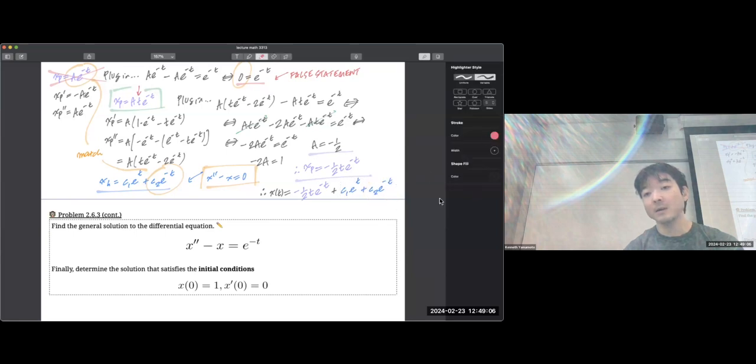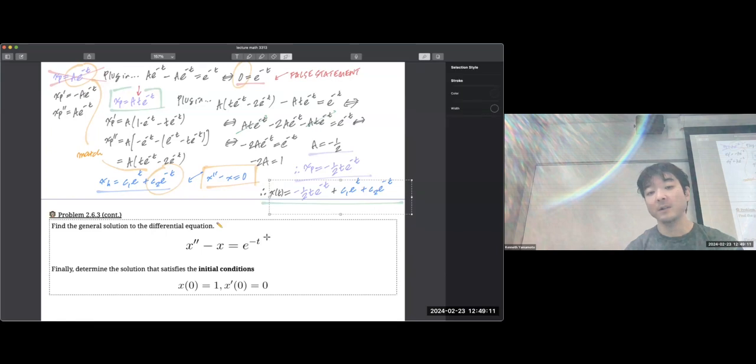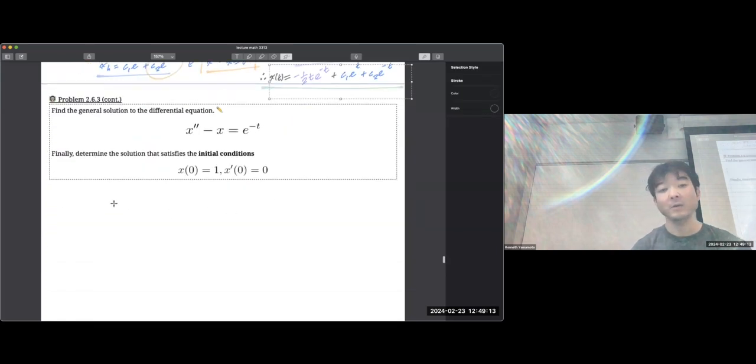So this is the solution. And then I'll copy and paste this and say we just have initial conditions. So this is the general solution.